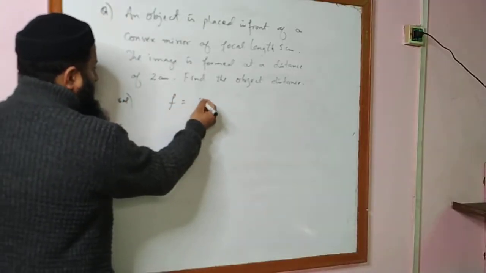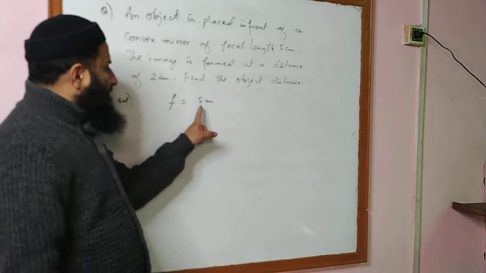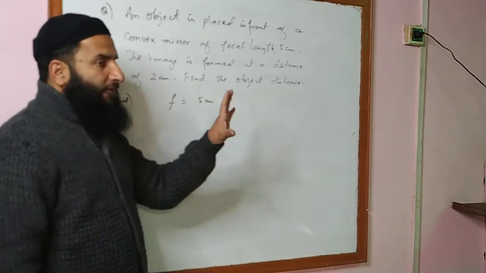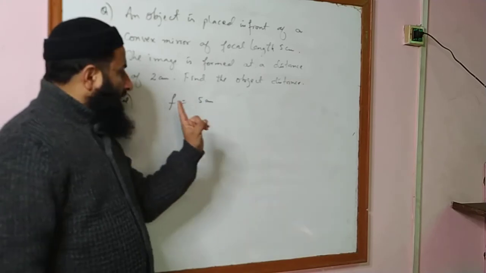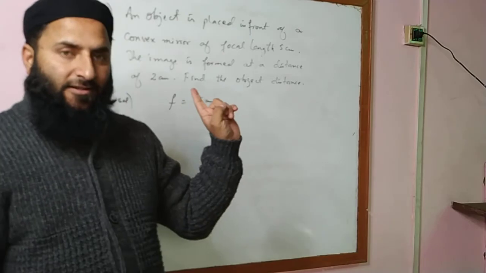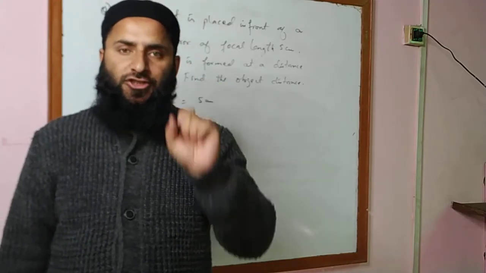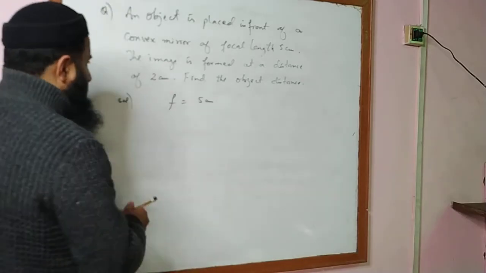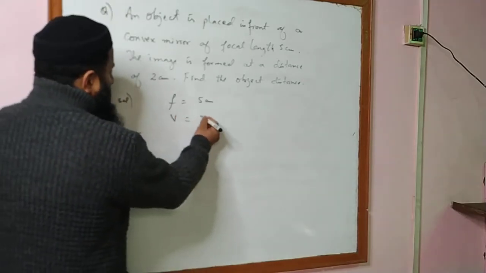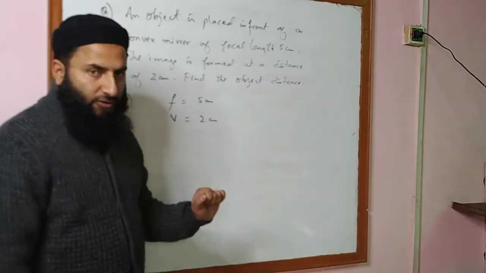f is given, 5 centimeter. Why have I taken the value of 5 as positive? Because it is a convex mirror. The focal length of a convex mirror is always taken positive. Then v is given, it is 2 centimeter. Again I have taken it positive. Why?